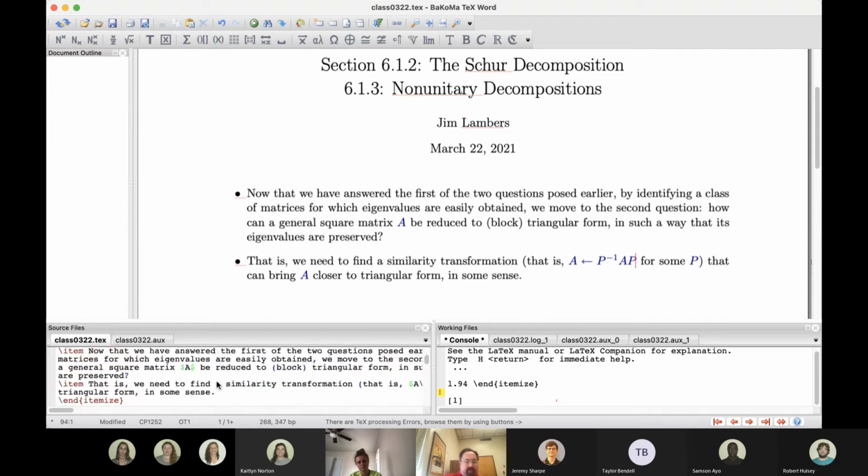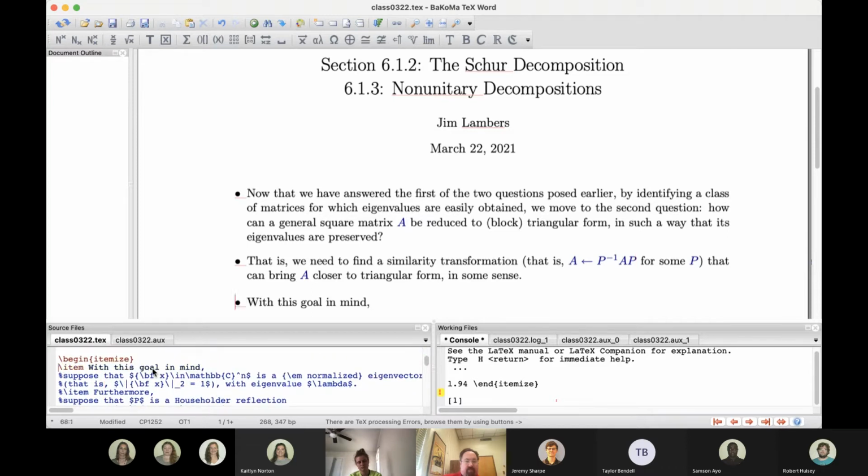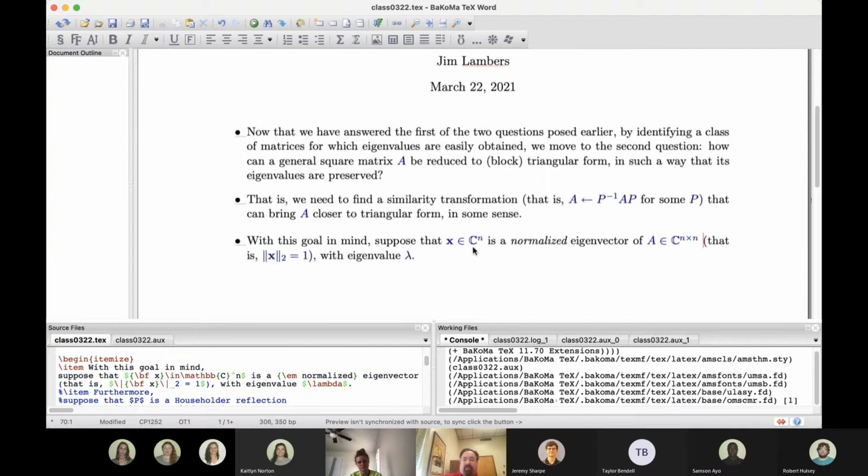Okay. So let's suppose that we have our square matrix A that could be complex, and we have an eigenvector, because the first algorithm we're going to learn in this chapter is one that will, in most cases, give us a single eigenvalue and corresponding eigenvector.